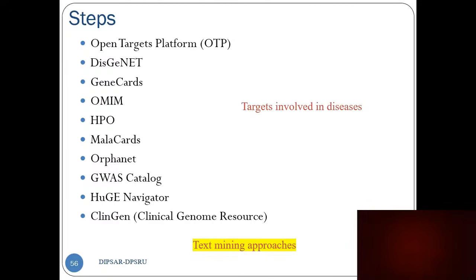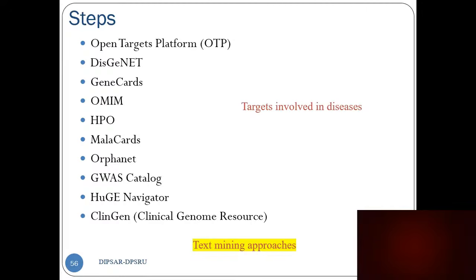Okay, so now a question might arise in your mind. The first step we have done: we prepared an Excel file from all these databases. Particularly when you got these different targets from different databases, the next thing is, in Excel there is an option to identify duplicates.